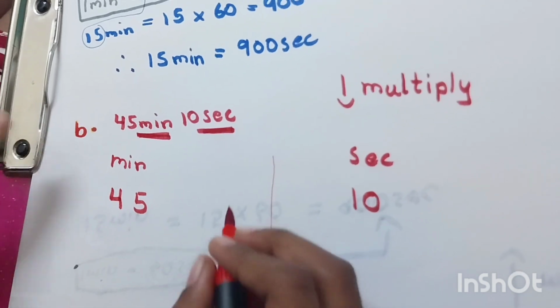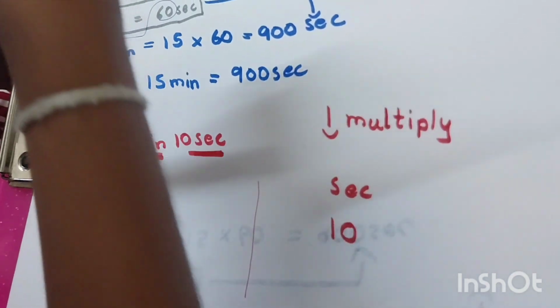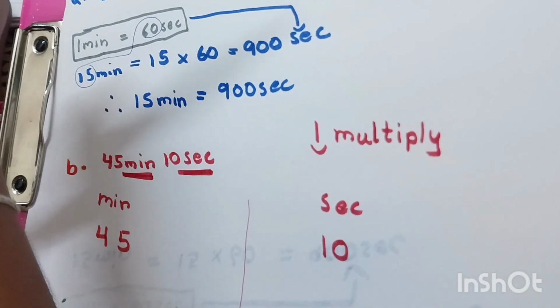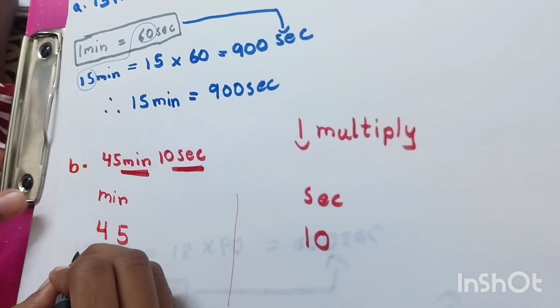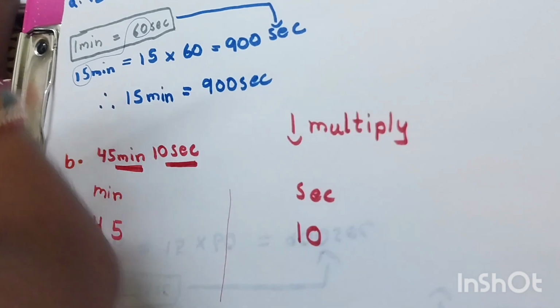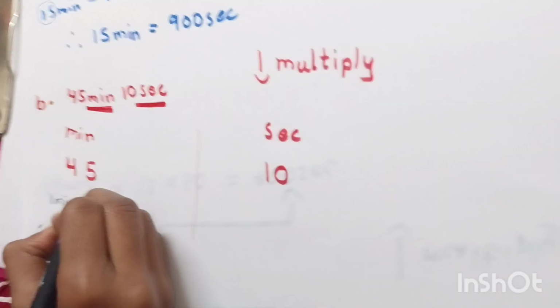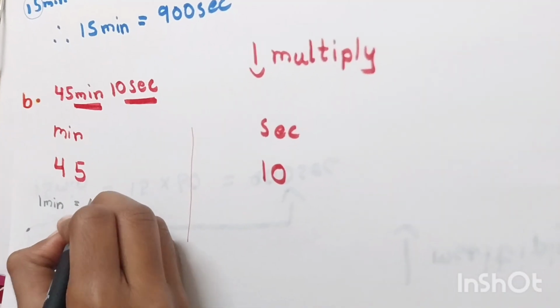First we have to do the calculation of the minutes, as in the above problem. First we write down the formula: 1 minute equals 60 seconds.